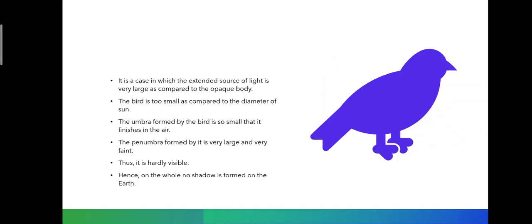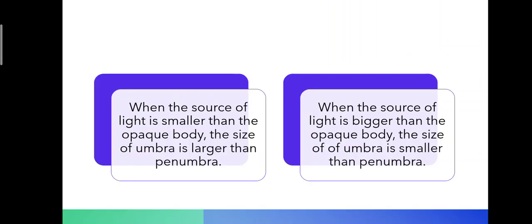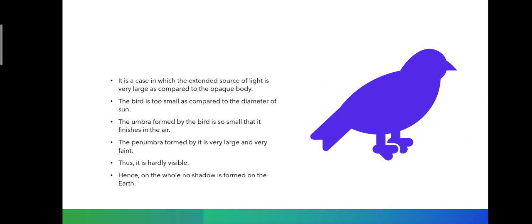Let me tell you. It is a case in which the extended source of light is very large compared to the opaque body. When the light is bigger, the umbra is smaller.